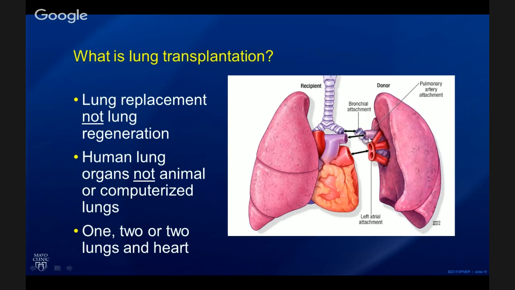Likewise, the pulmonary arteries and other pieces are attached, sewn into place, and usually the surgeon will do an approach either through the sternum, called a sternotomy, which is down in between the rib cage, or will do what's called the clamshell procedure, which is underneath the ribs. If there's one lung donated, sometimes it'll go through the side.